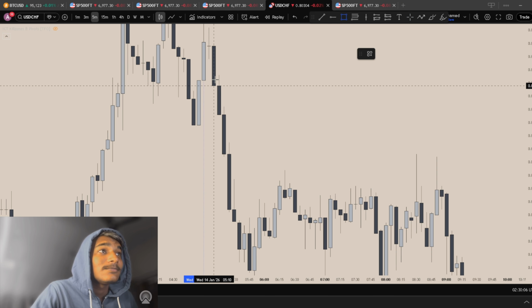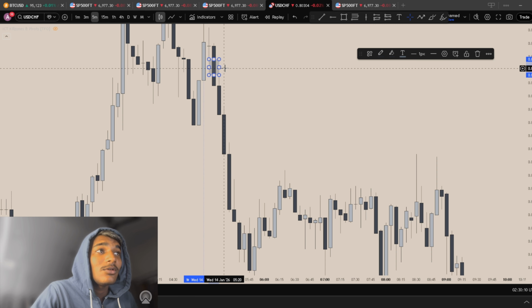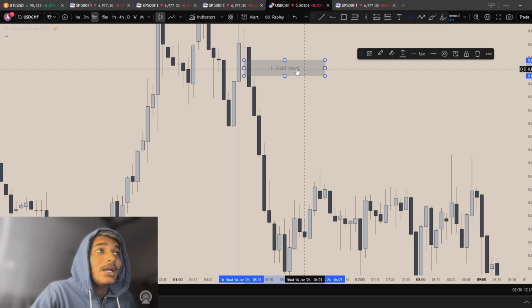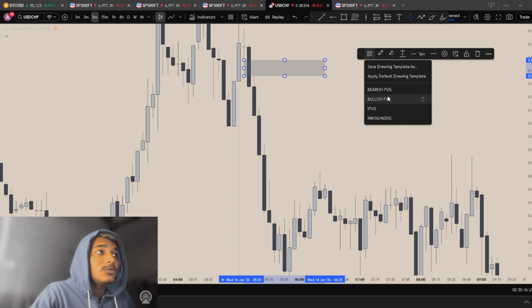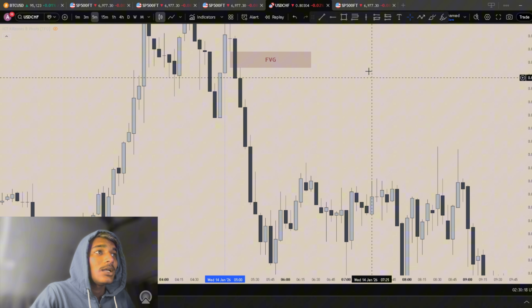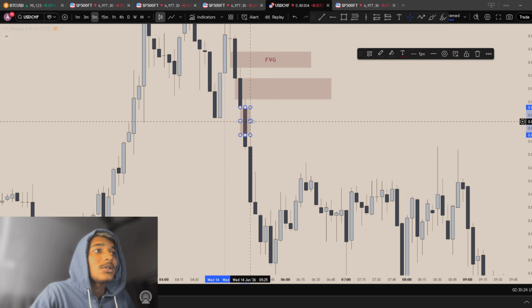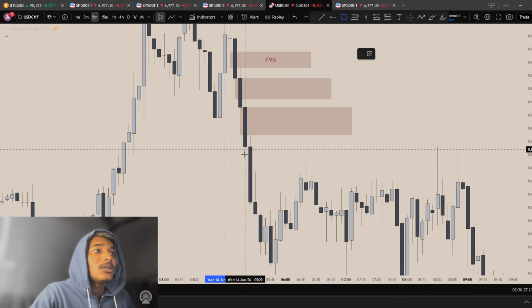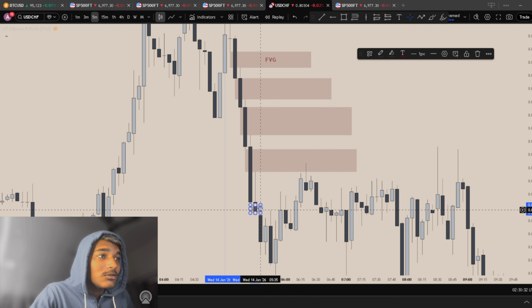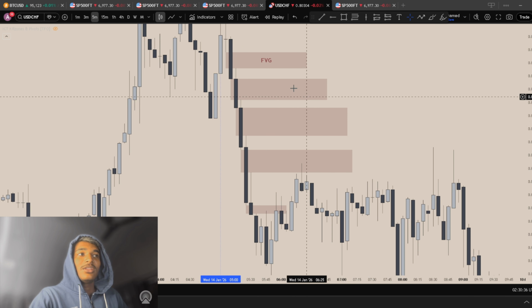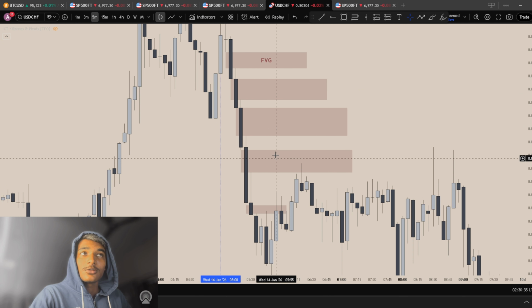Like this is the first candle, this is the third candle, here is a fair value gap. Is this a bullish fair value gap or a bearish fair value gap? The market is moving down, so this is a bearish fair value gap, and here is also a bearish fair value gap, and here, and here, and here.